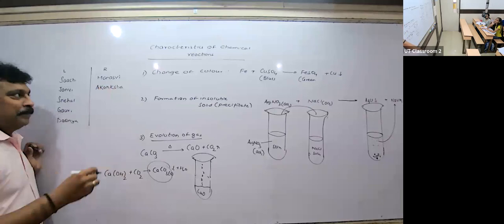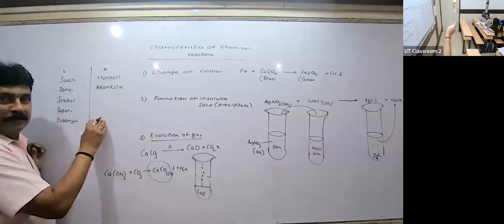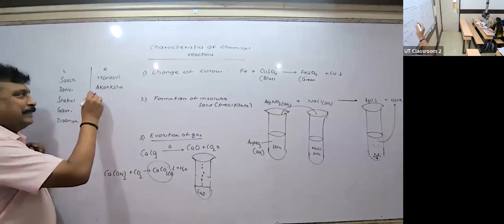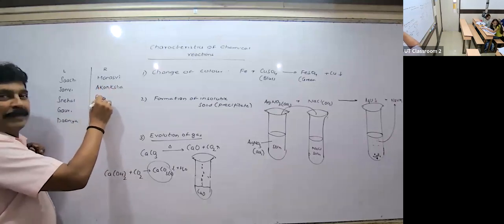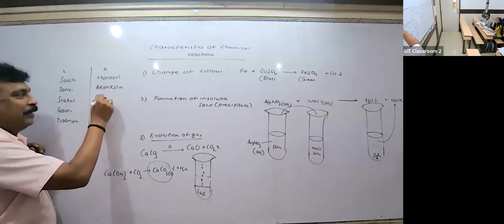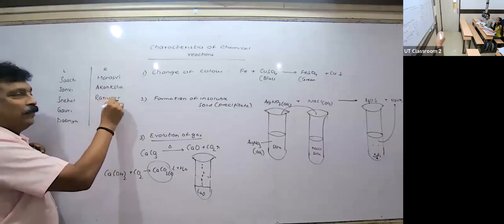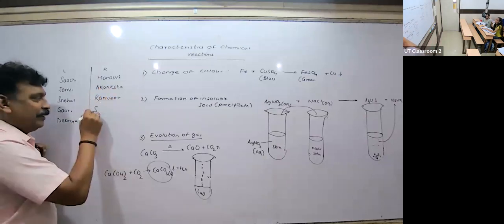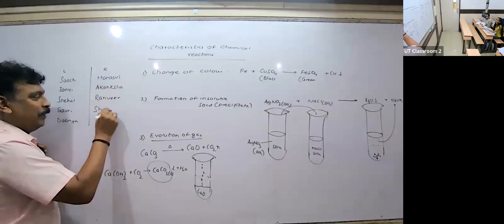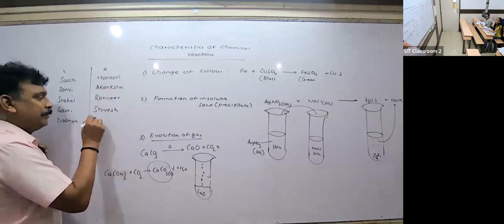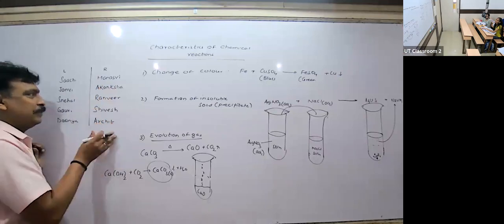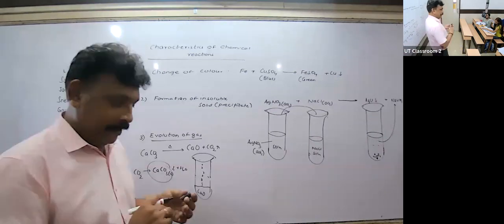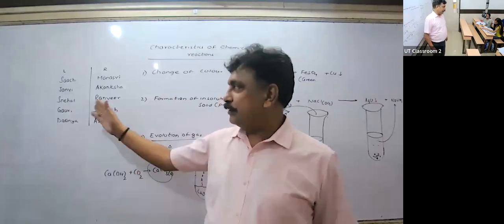Then Ranveer, with a double E and R. Then Shivesh and then Archit. Now this is a set of groups, okay? One sentence will be read from here and one sentence from here.